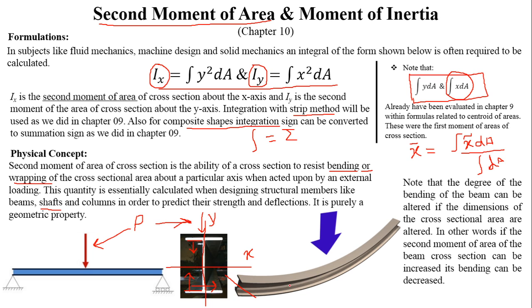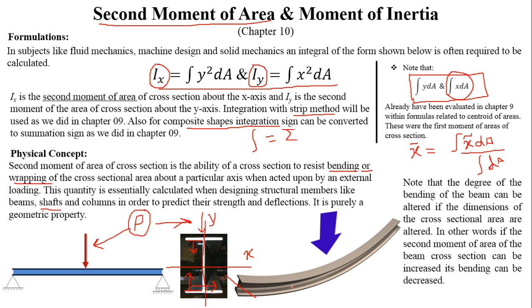So the beam is basically bending under the action of the applied load, and if this bending and deformation exceeds certain limits, then the structural member or the beam is going to fail.